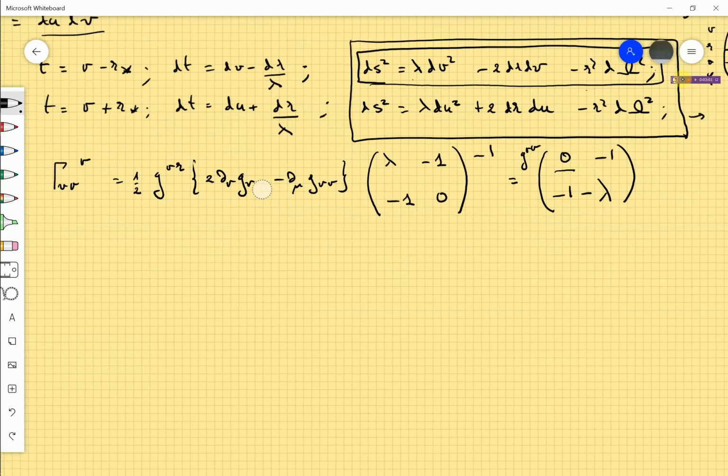And if this is R, okay, GVR with indices down is constant, so this vanishes, and this is -1 GVR with indices up, which is -1. So minus and minus is plus. Okay, this half, and GVV with indices down, which is lambda. Okay, with the derivative with respect to r. So this is gamma VVV.